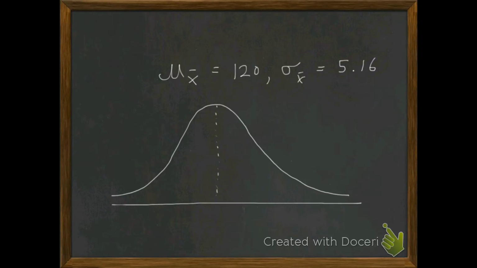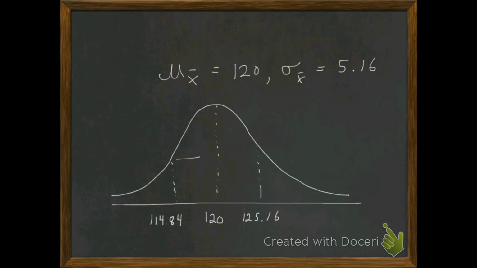Well, we know smack dab in the center is going to be 120, and one standard error above the mean is 125.16, and one standard error below the mean is 114.84.